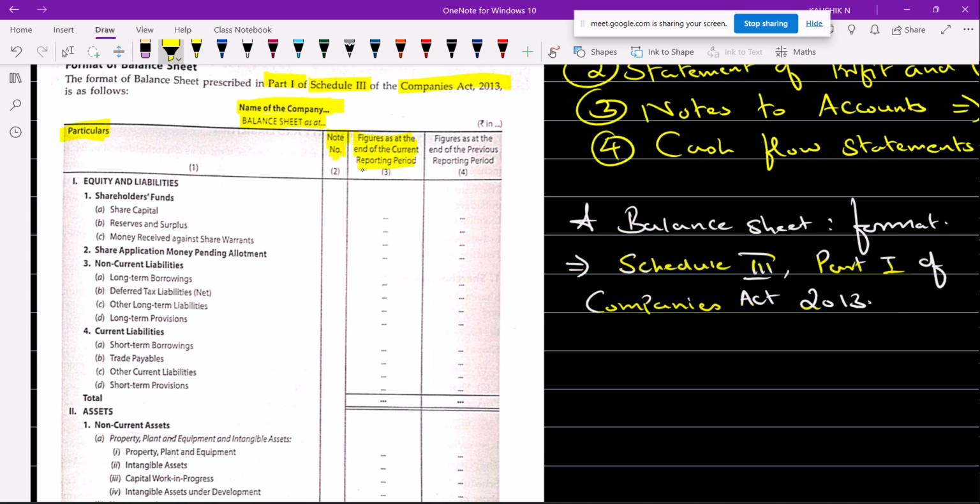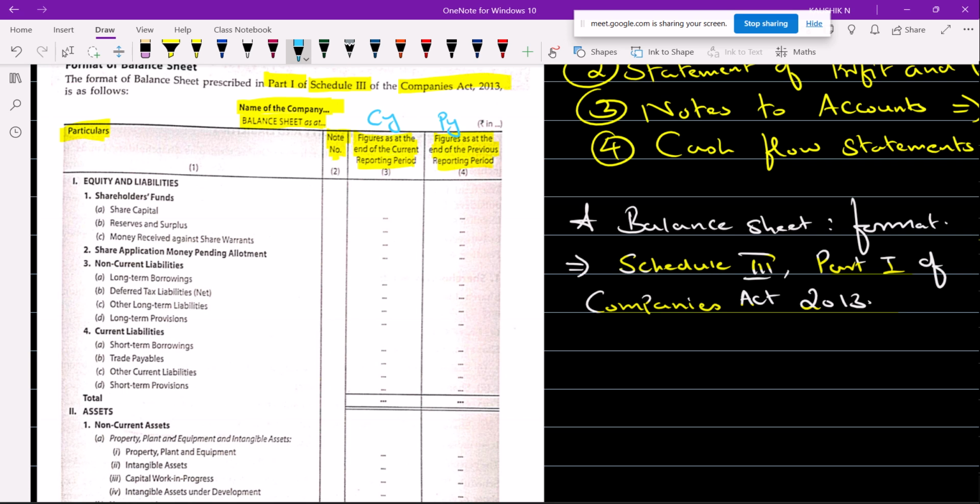That is very important. If you are doing comparisons, then for comparison purposes we need the figures of the previous year also. So always remember, the first column will represent the current year data, and the second column will represent the previous year data.